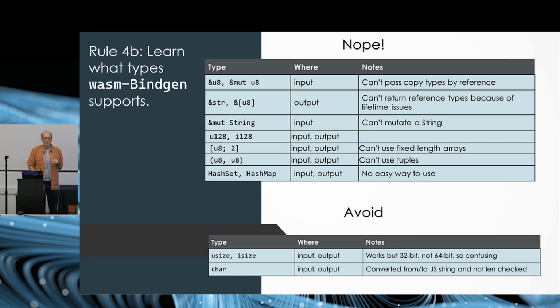And that's because you probably think they're 64-bit, but on the JavaScript side, running in WASM, they're going to be 32-bit. So you're just going to cause confusion. Likewise, the character type in Rust is a 4-bit thing, but only some values are allowed. JavaScript will just turn that into a string that just happens to have a length of 1, and it's not checking anything in particular. I think you'd do better just to use a string, and things would be safer.